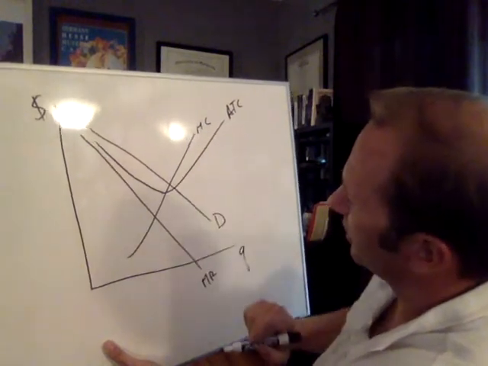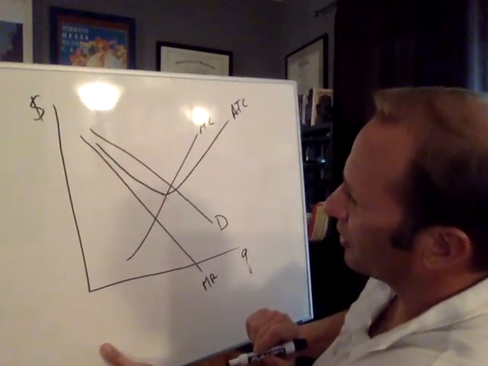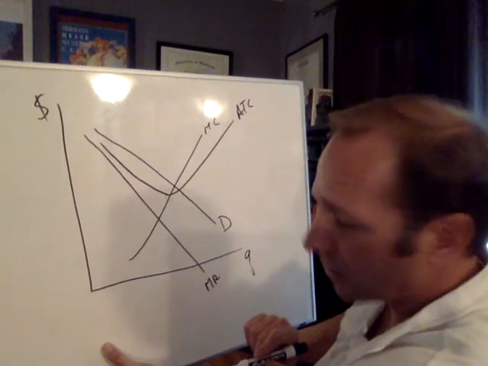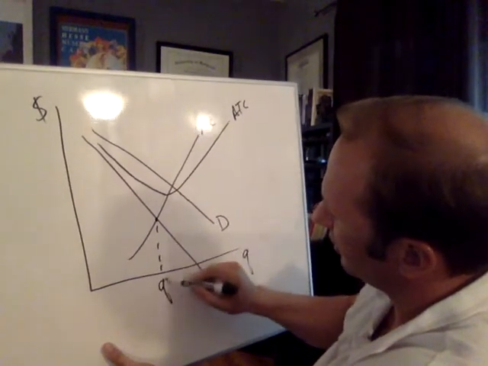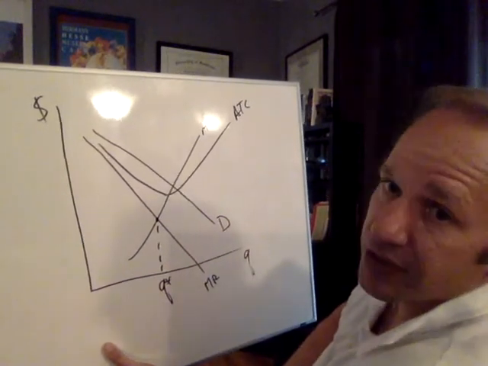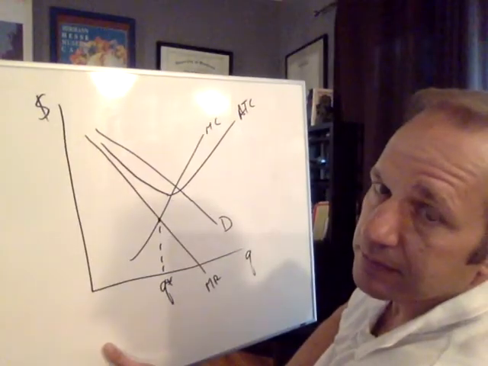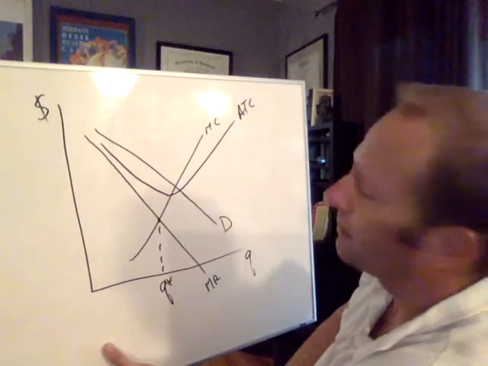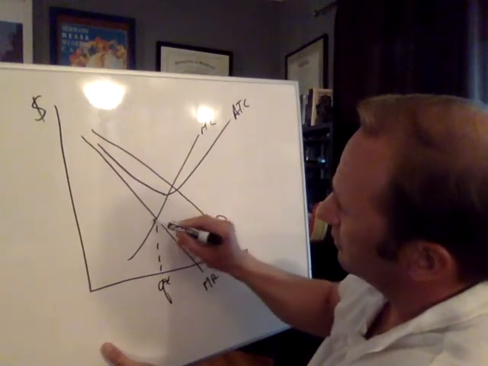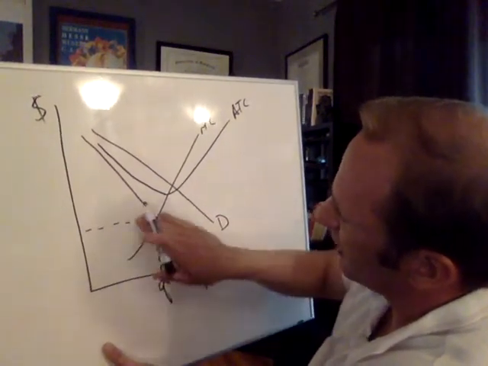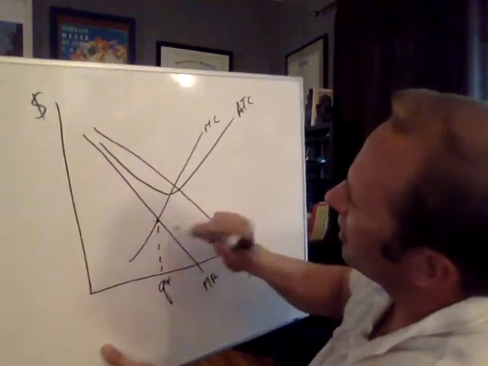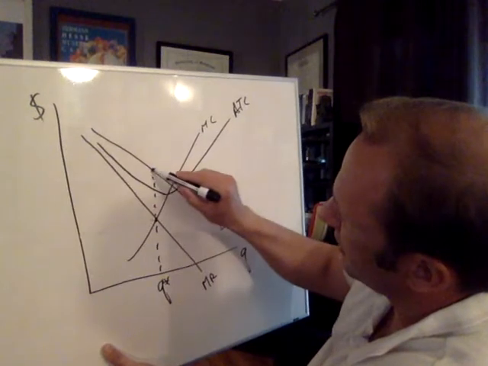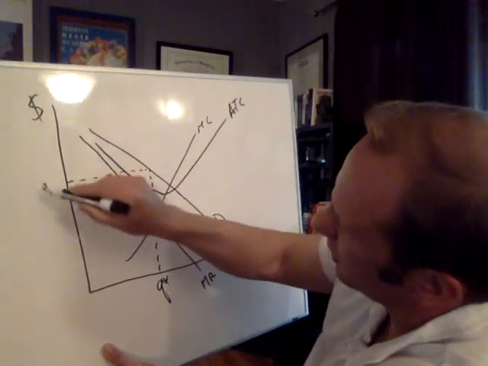Now, where's the firm going to produce? Firms always produce where marginal cost equals marginal revenue, here. So that's the level of production of this firm. How is this firm doing? Can you tell? This is how much they can charge for what they're making.